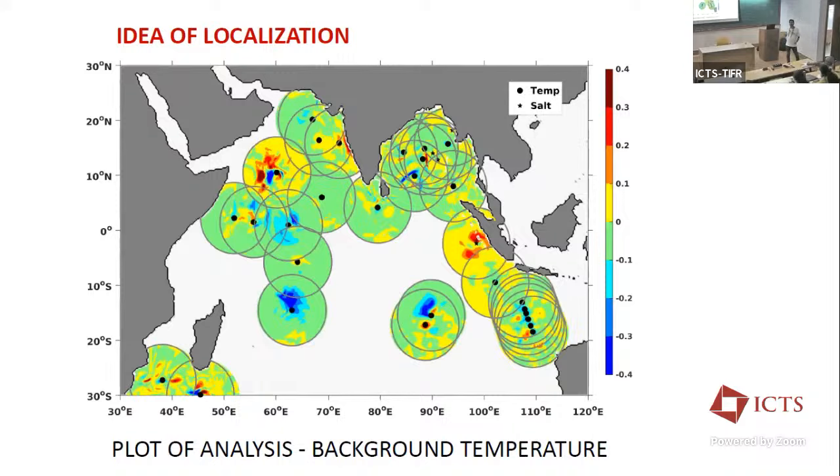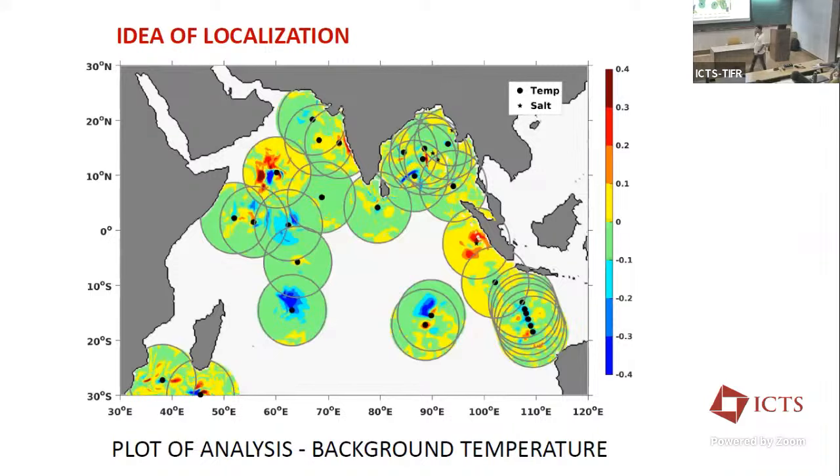If your model is of a very coarse resolution, let's say 1 degree resolution, you understand 1 degree resolution, right? In the tropics, it's about 110 kilometers, so your grid points are spaced every 110 kilometers apart. For a very coarse resolution like that, you need a larger localization radius.